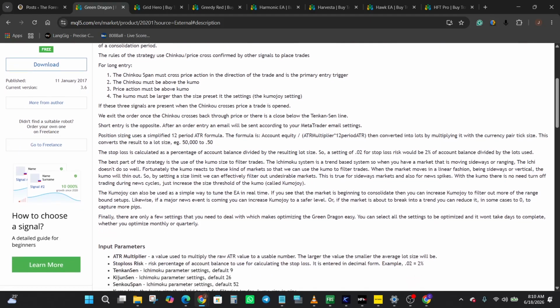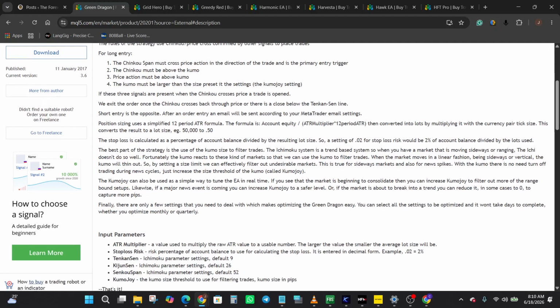Now, one of the most interesting aspects discussed here is the use of the Kumo size filter. According to the developer, the Kumo helps identify conditions where the market is trending versus consolidating. So by adjusting the Kumo joy setting, traders can choose to filter out more ranging conditions or allow more trading opportunities when markets appear to be transitioning into stronger trends.